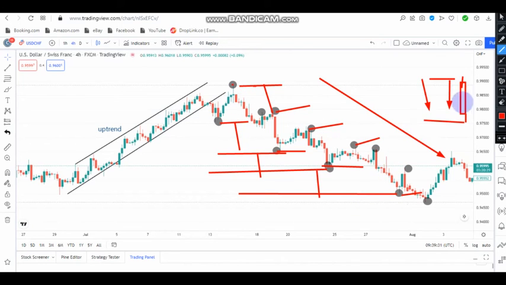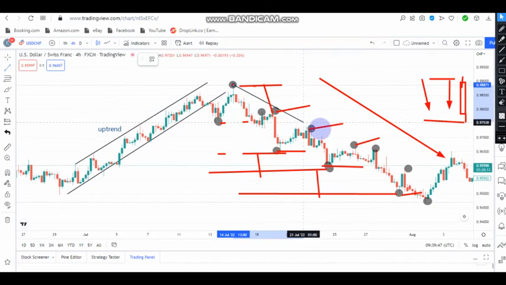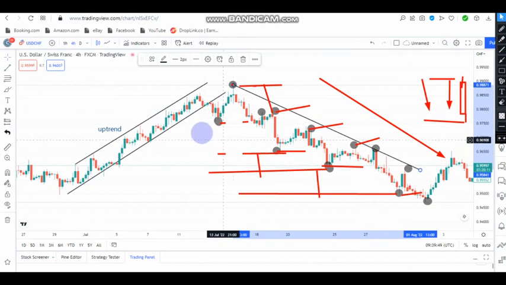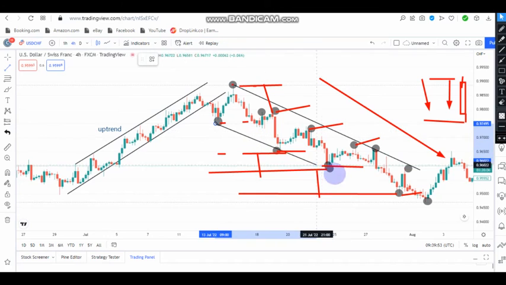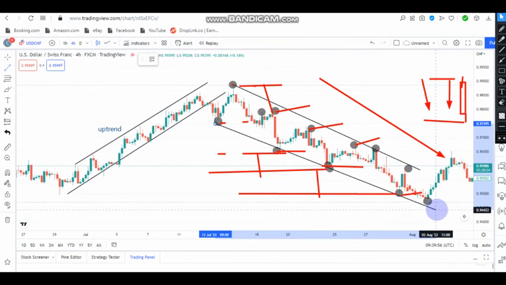Now let me erase this. Let me not erase first. So we now connect using our trend lines, the lower highs and the lower lows. You can connect like this.